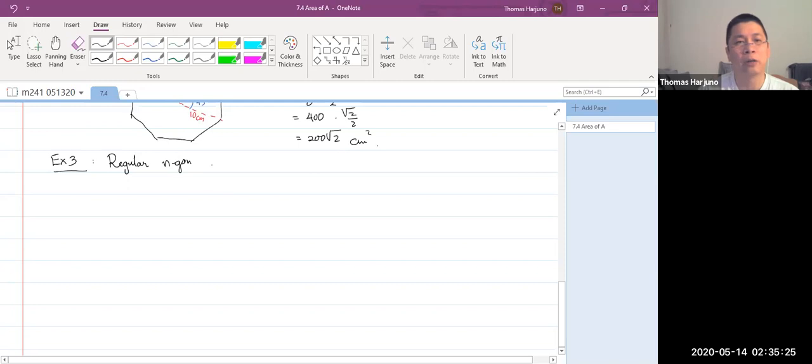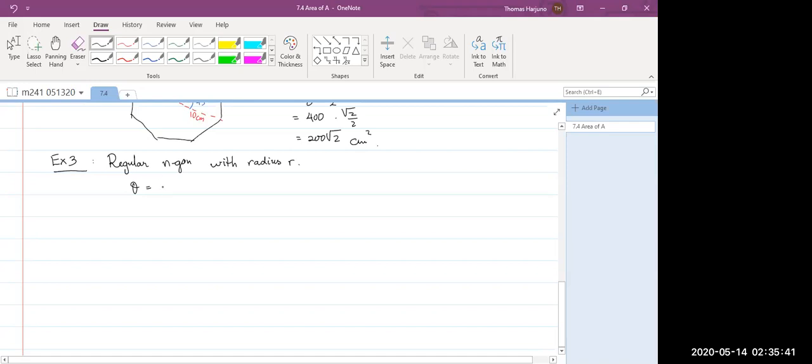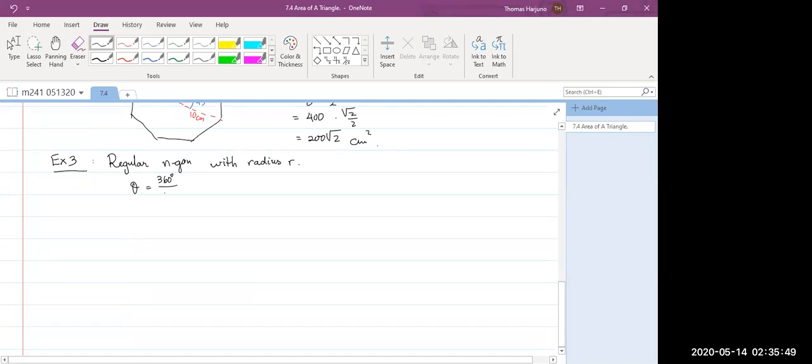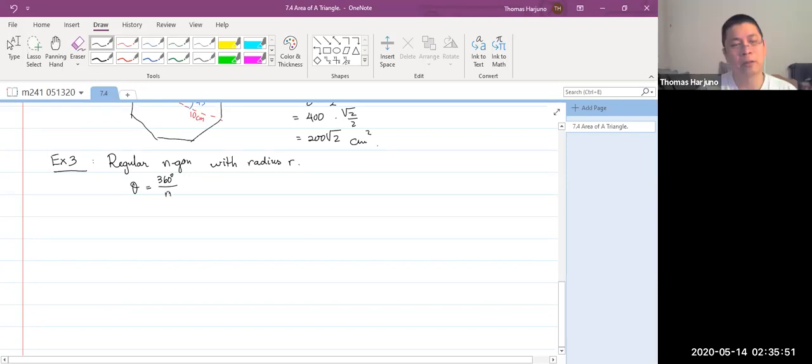Okay, regular n-gon with radius r. What is the central angle? The total angle, the central angle, is 360 divided by the number of sides, n, right?